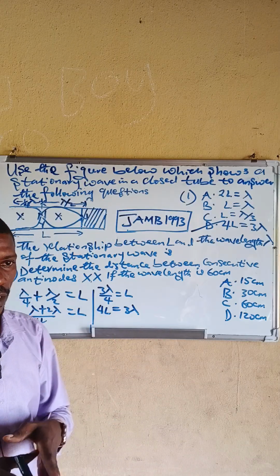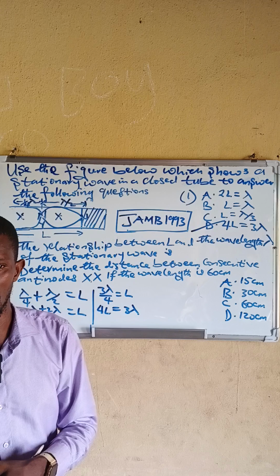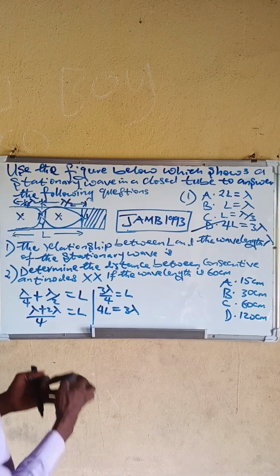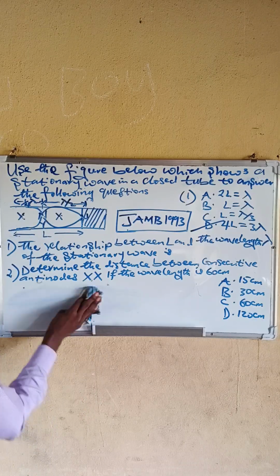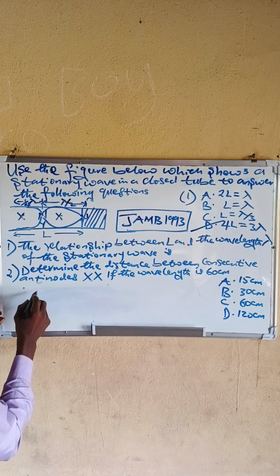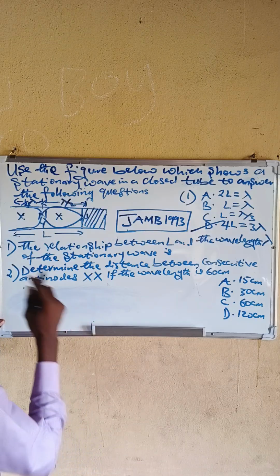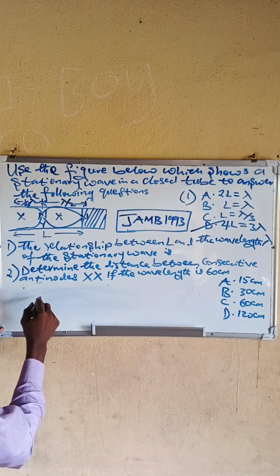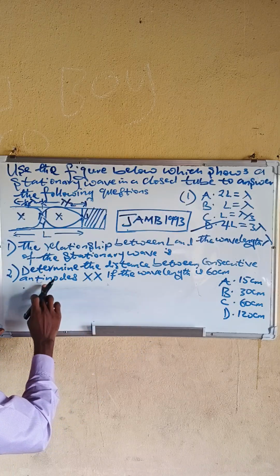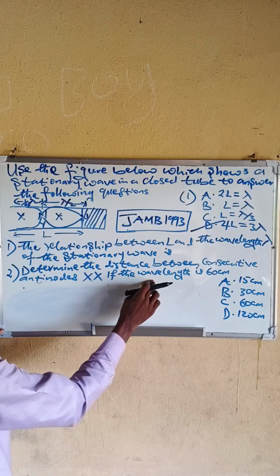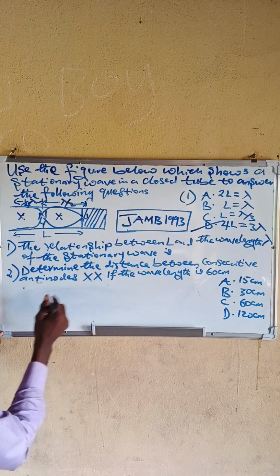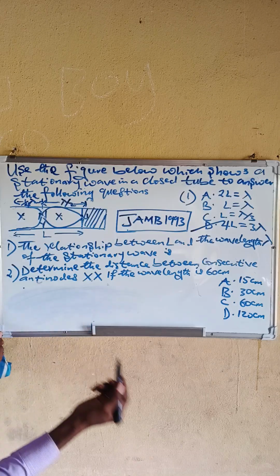The distance between an antinode and another antinode is also half wavelength, meaning that the distance between X and X is half wavelength. So the wavelength is given as 60. Determine the distance. So that distance, let us call it X.